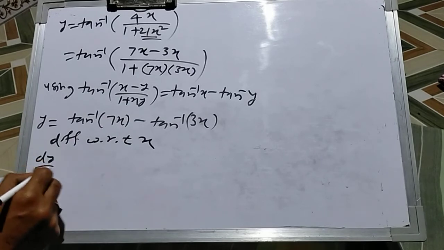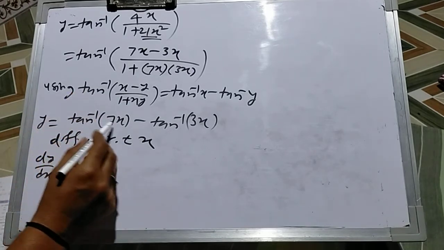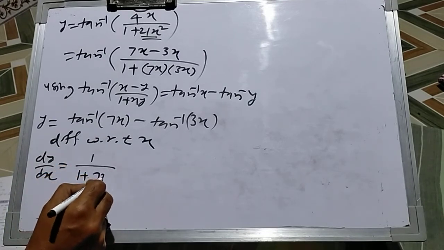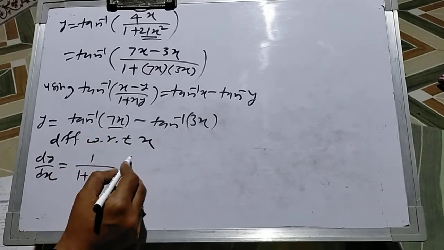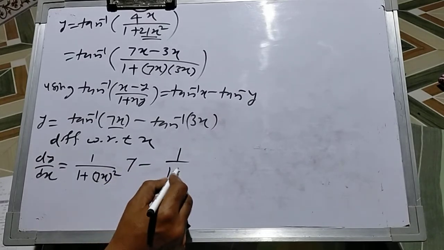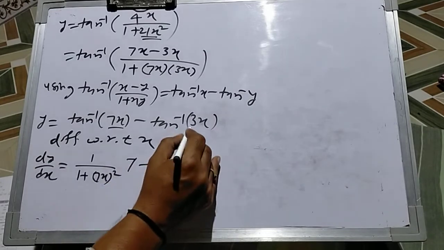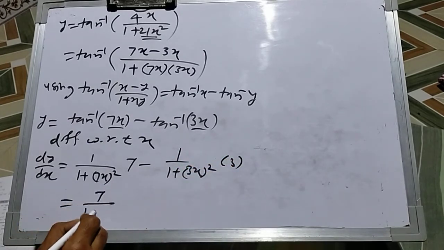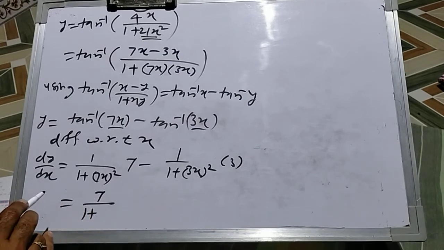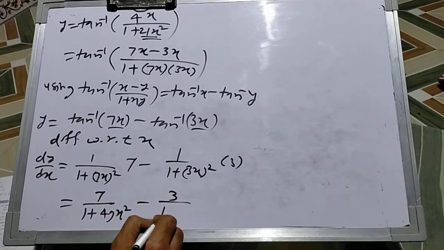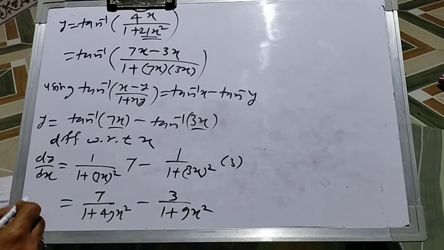So dy by dx equals the derivative of tan inverse of 7x, which is 1 divided by 1 plus 7x square into the derivative of 7x, which is 7, minus the derivative of tan inverse of 3x, which is 1 divided by 1 plus 3x square into 3. So the answer will be 7 divided by 1 plus 49x square minus 3 divided by 1 plus 9x square. This is dy by dx.